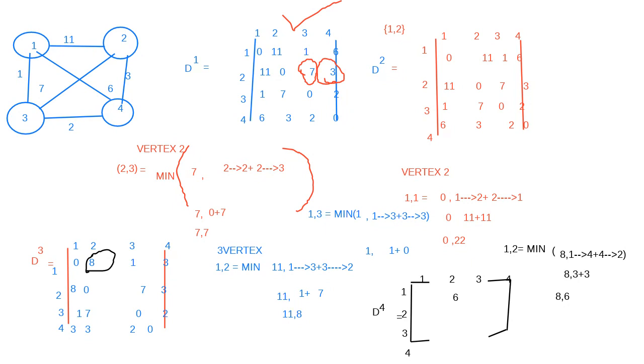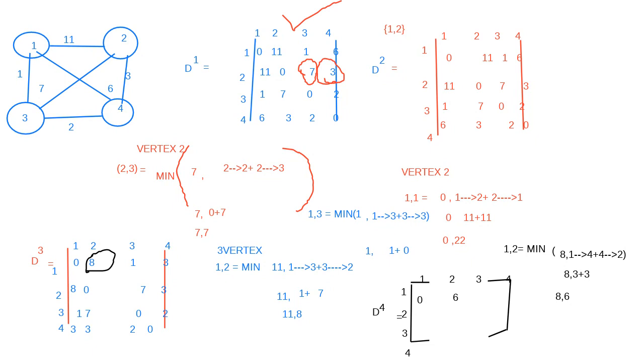Now solve for these entries. See, 1 comma 1 is what? 1 comma 1 is 0. Okay, Dev Pratap Singh, tell me the entry for 1 comma 3. 1 comma 3 is 1.